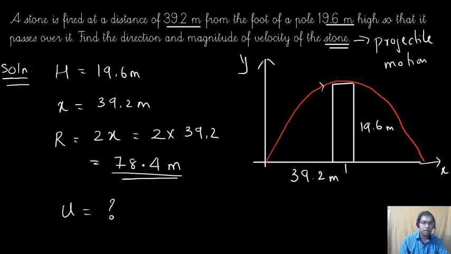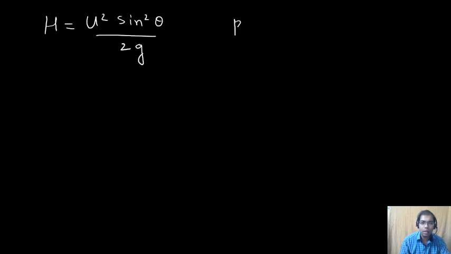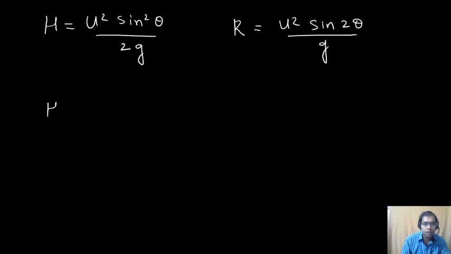Now, given that we have to calculate the velocity, we have seen the expressions both for h and r. So let's have a look. The total height is equal to u square sine square theta by 2g, and the range is given as u square sine 2 theta by g. Now let us go ahead and take the ratio of height to the range.